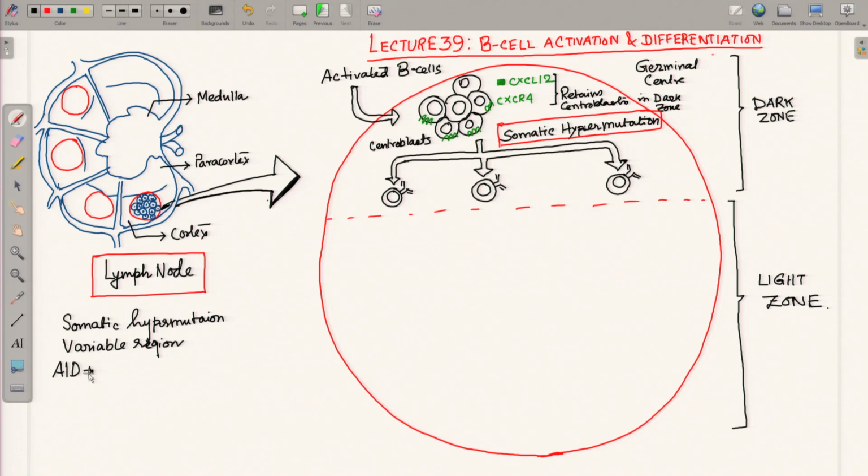AID is activation induced cytidine deaminase.